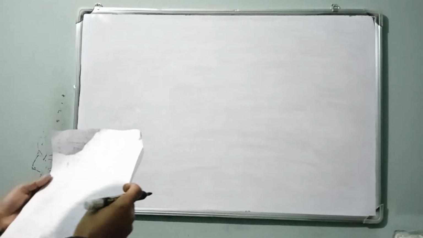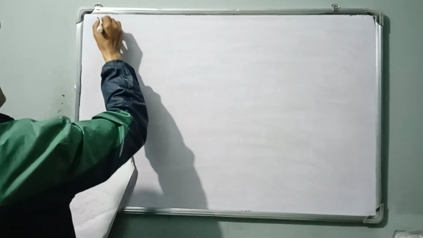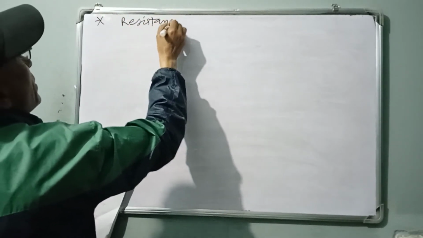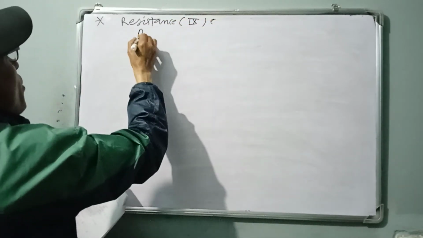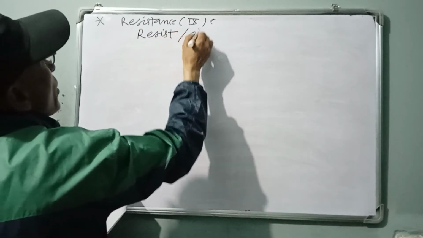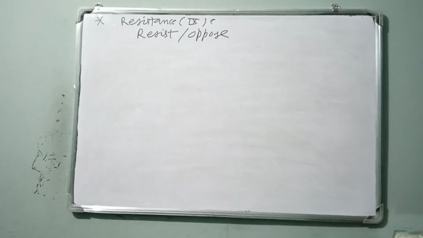Before starting electricity, you have to know all these things. Another is resistance. It is in class 9. It is for 9 class. Resistance. The verb is resist. Resist or oppose. Or रोक्नु, current रोक्ने क्षमता.